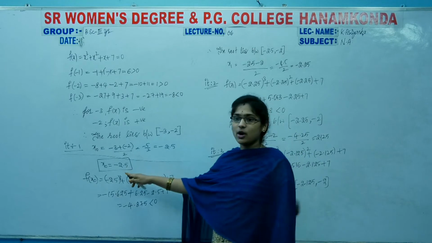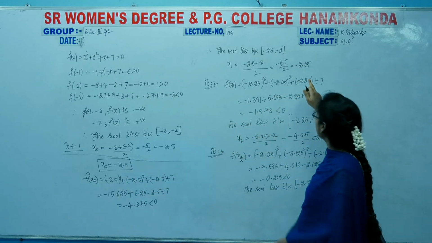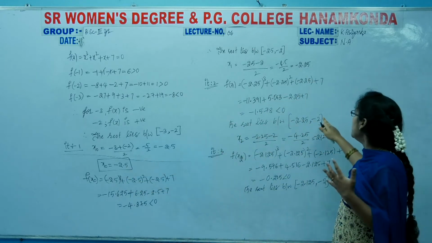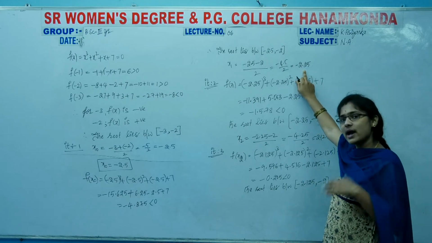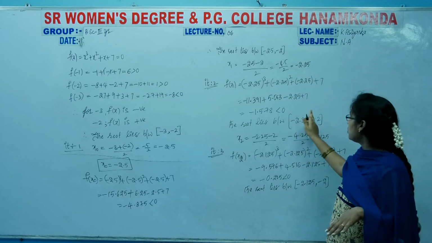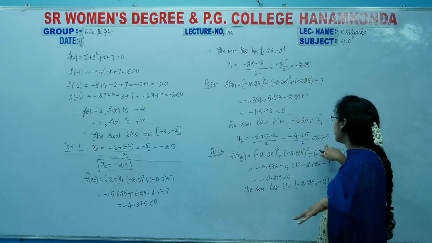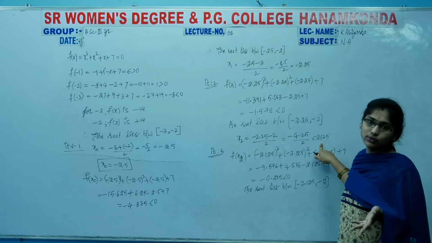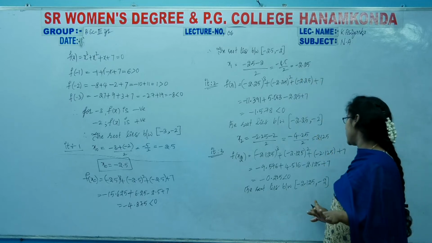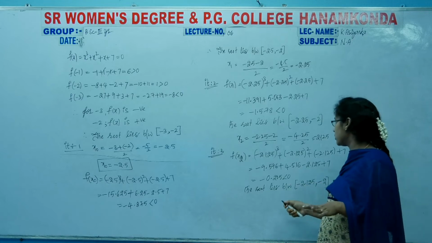Here I have 5 after the point, but here after the point I have simply 2.5, which is not similar. That's why we have to go for the next iteration. So that's why I calculated this one. Again here I have minus 2.25, and here I have 125. Again we have to go for the next iteration. So that's why I am doing this.